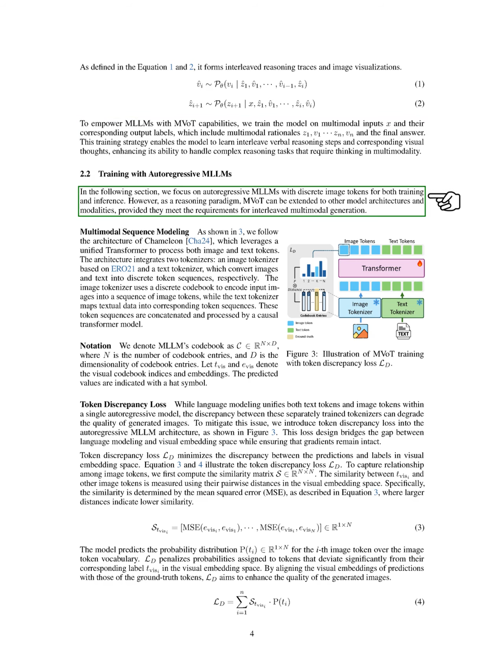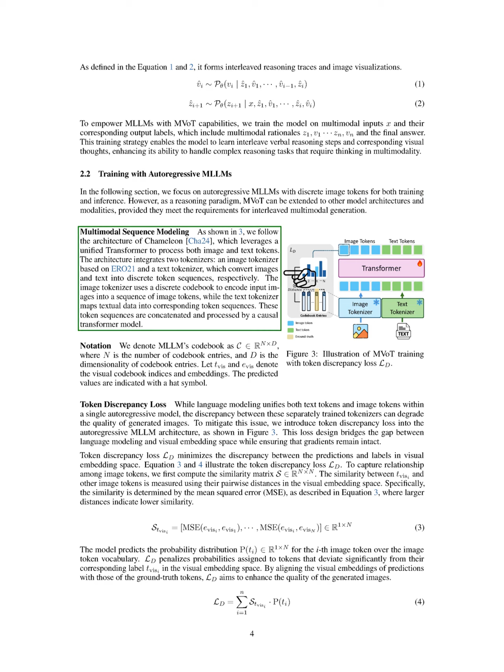Next, we focus on autoregressive MLLMs that use discrete image tokens for training and inference. However, MVoT can also be adapted to other model types and modalities as long as they support interleaved multimodal generation. For multimodal sequence modeling, we adopt the Chameleon architecture, which utilizes a unified transformer to handle both image and text tokens.